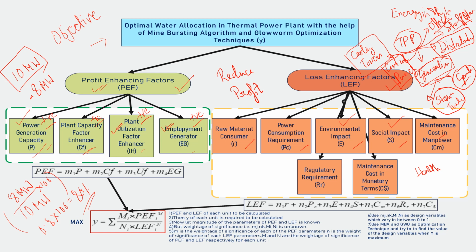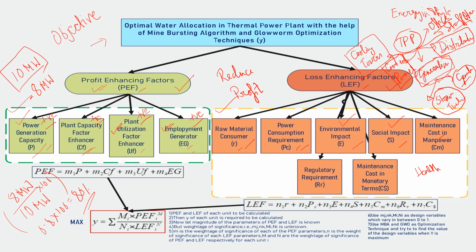These are the loss enhancing factors, and these are the power enhancing factors. We refer to the profit enhancing factor as PEF and the loss enhancing factor as LEF. So P is power generation capacity, CF is capacity factor enhancer, UF is utilization factor enhancer, employment generator is EG, raw material consumer is R, and power consumption requirement is PC.